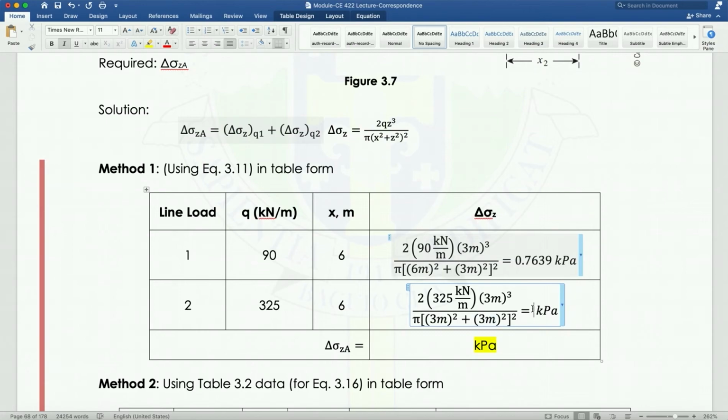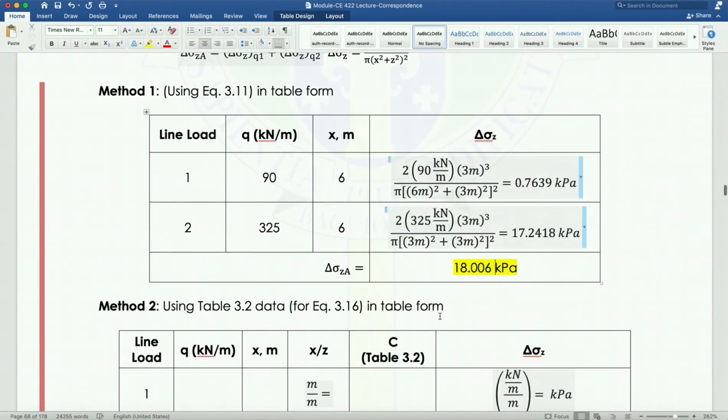Then we have here 17.2418 kilopascals plus 0.7639. We have our delta sigma z at A is equivalent to 18.003006 kilopascals. So let's have it in third decimal.